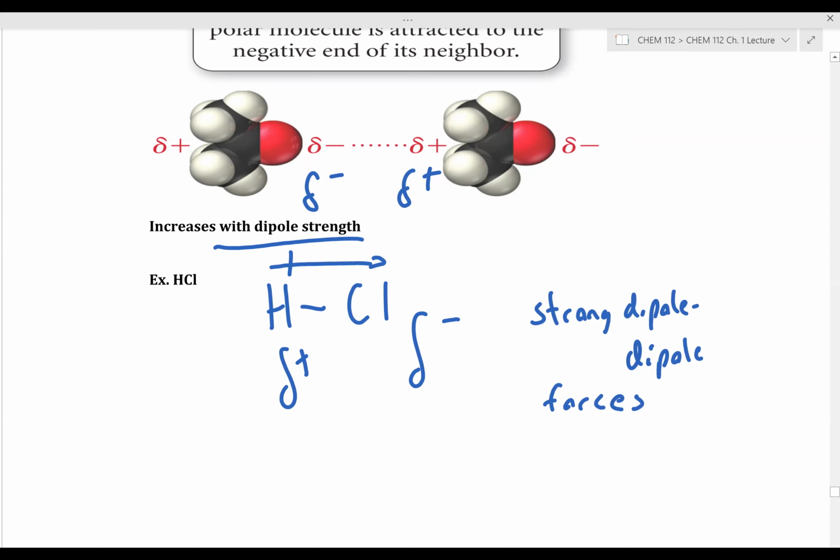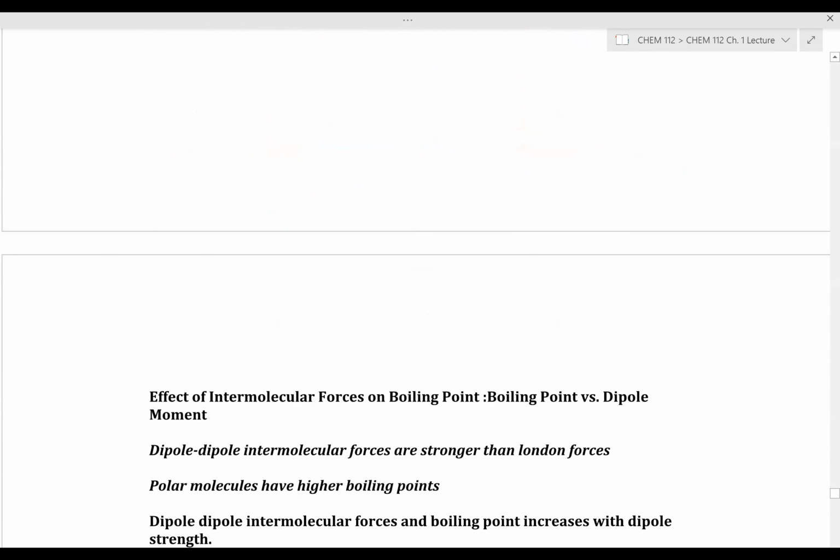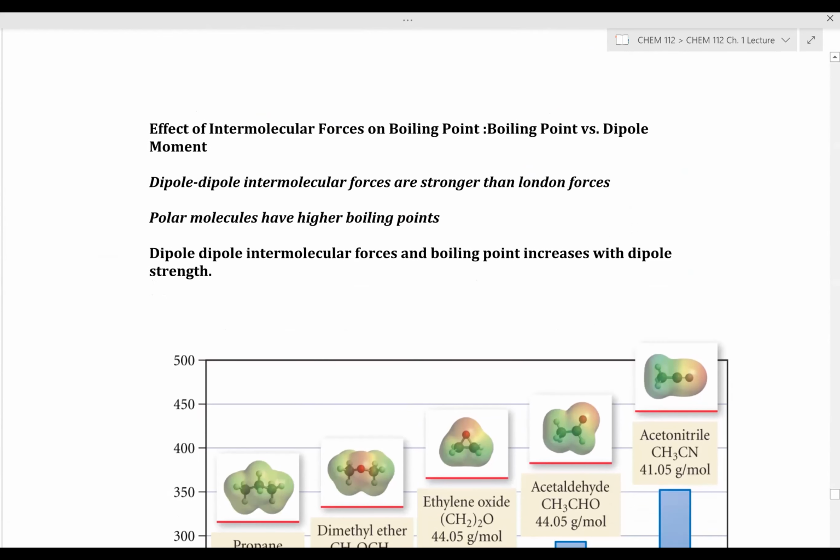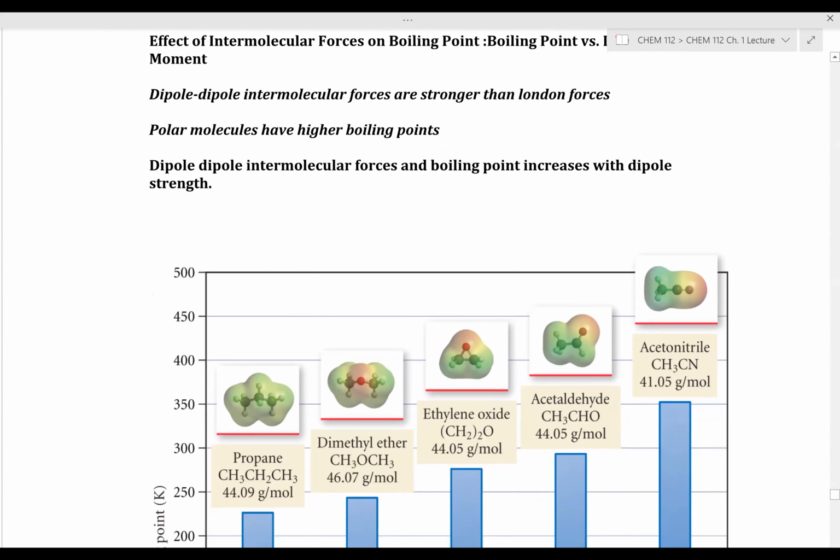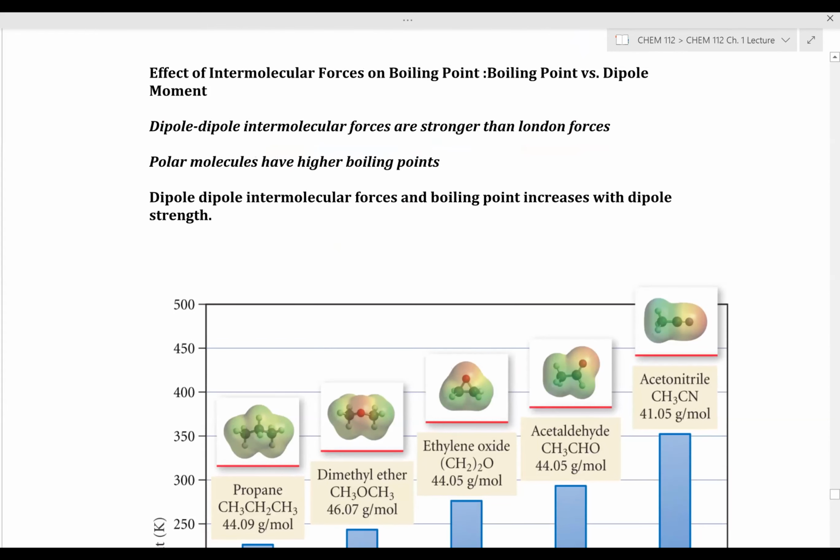Now let's take a look at a few more systems, and at the effect of dipole moment, which is a reflection of molecular polarity, as a function of boiling point. So dipole-dipole intermolecular forces are much stronger than London forces.